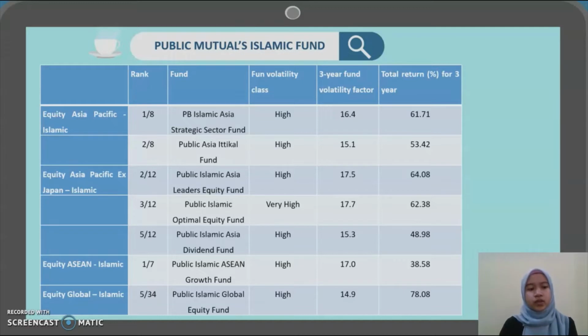53.42%. Second, under Equity Asia Pacific ex Japan Islamic, which is Public Islamic Asia Leaders Equity Fund, their fund volatility class is high. The 3-year fund volatility is 17.5 and total return for 3 years is 64.8. Second is Public Islamic Optimal Equity Fund.